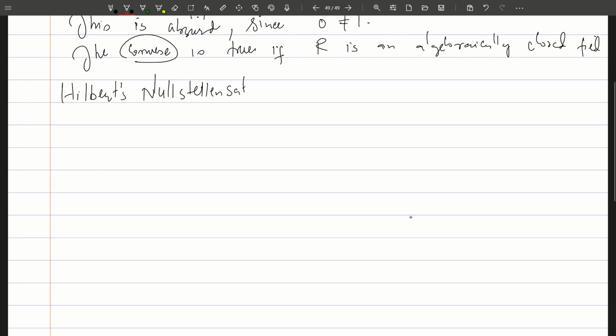This is actually a German term, Nullstellensatz, because this term was given by Hilbert. Null stands for the zeros, Stellen stands for the position, and Satz means a statement. So this is the Hilbert statement of the position of zeros. So this is the weaker form.